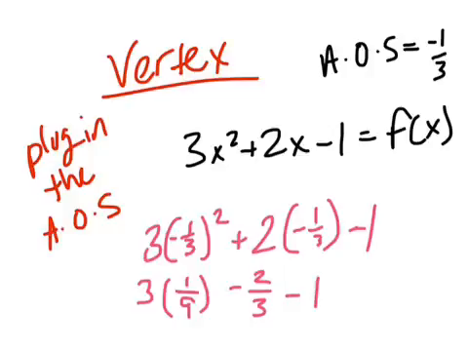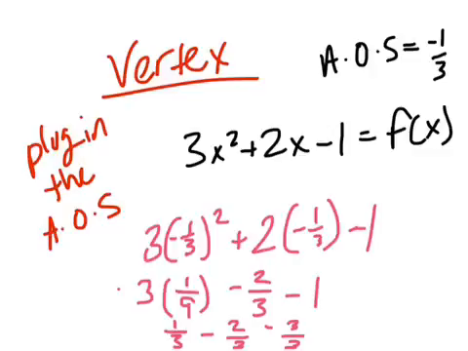Alright, so let's keep simplifying this a little bit further. 3 times 1/9 is 3/9, which is actually just 1/3. So we're going to say 1/3 minus 2/3, and I'm going to change this 1 to a 3/3. That way everything is thirds. So we do 1/3 minus 2/3 minus 3/3.